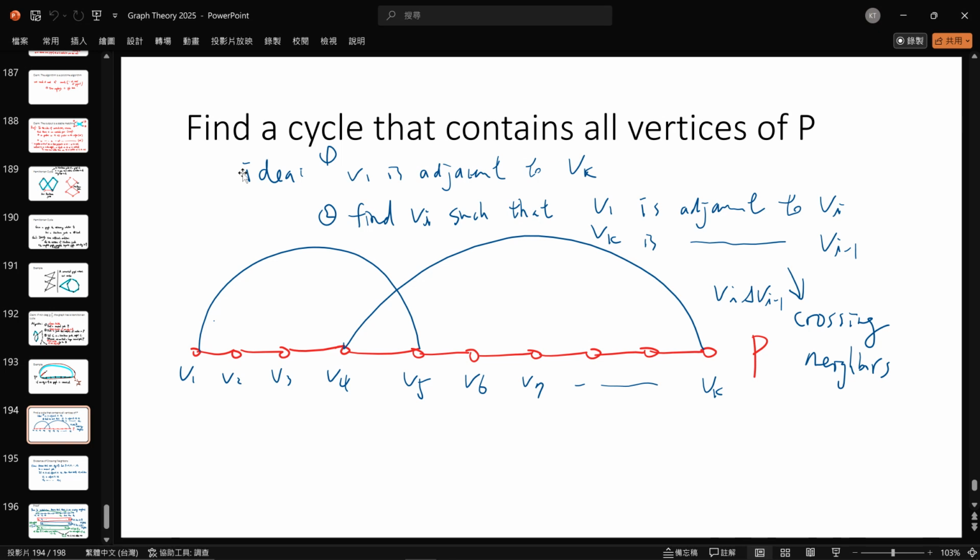Then you can just remove the edge between V4 and V5, and you get a cycle. We call this crossing edges or crossing neighbors.